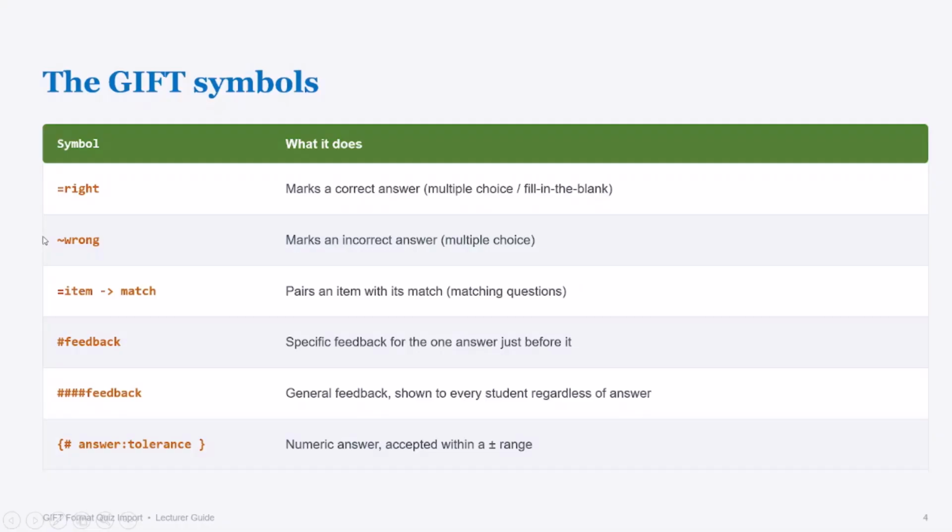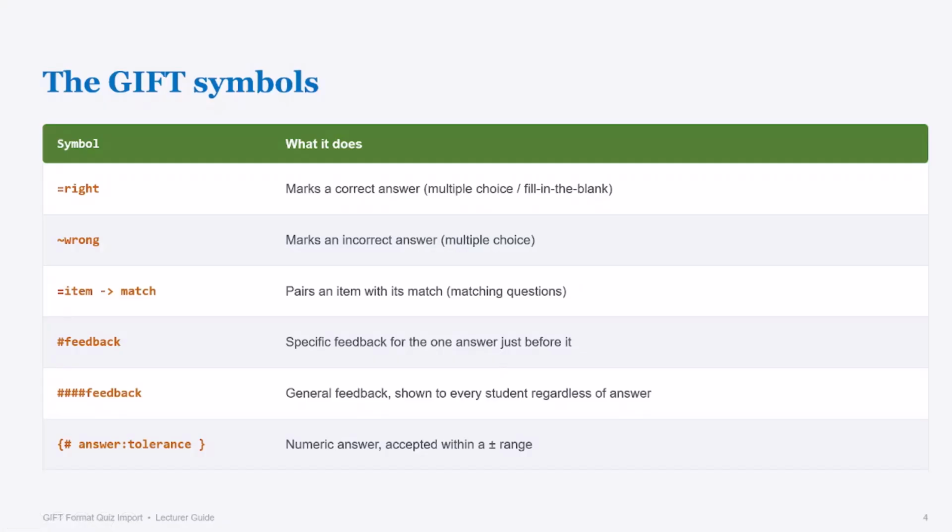So if you have a multiple choice question and it has one correct answer, the correct answer will have an equal sign, while the other options will have the tilde sign, this one. Now, all the options will be within the curly brackets, and we're going to see how the syntax looks like.